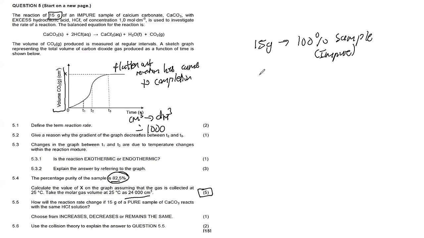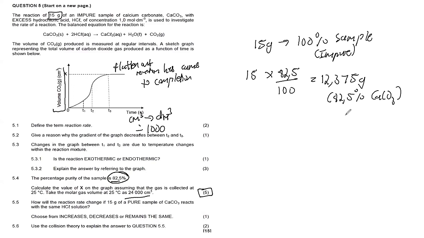We are given a percentage, so we'll say 15 times 82.5 over 100. You can also say 82.5 over 100 times 15. That's one and the same thing. If you multiply, you will end up with 12.375 gram. So this 12.375 gram represents the 82.5% of the calcium carbonate, which is actually pure. This is what we're going to be using for the calculations.